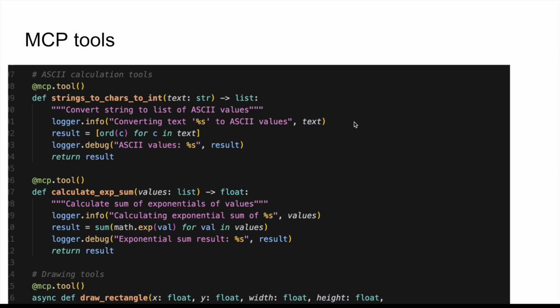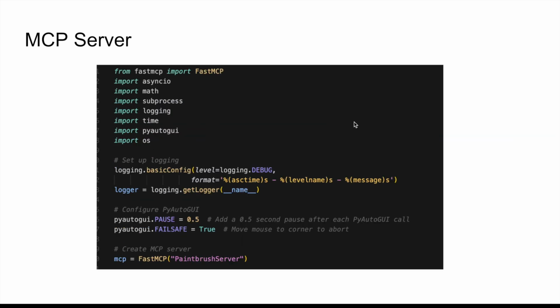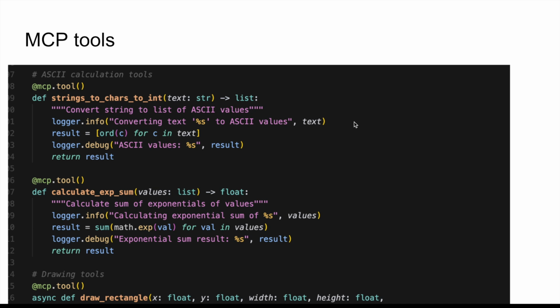So you can see in this particular demo, we plan to provide our LLM with the following tools. There's a string to char converter and a calculate exponential sum tool, and also we have connected the paintbrush application to the MCP server, and it has the ability to draw rectangles or to write something in the paintbrush.